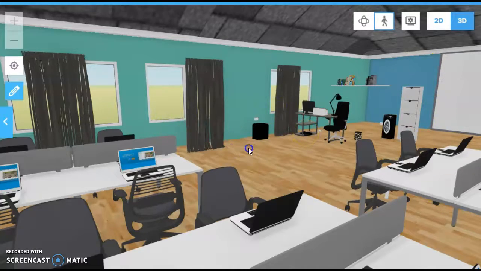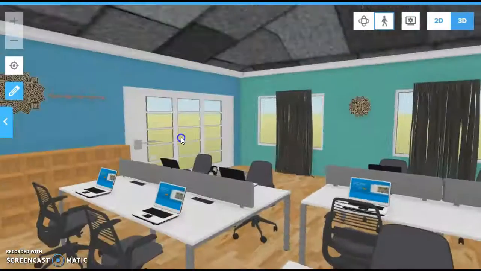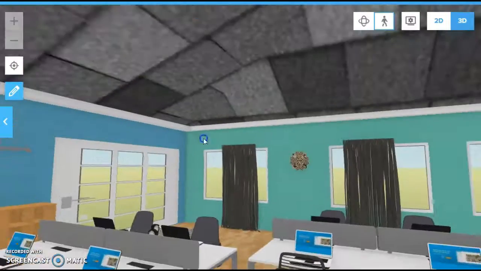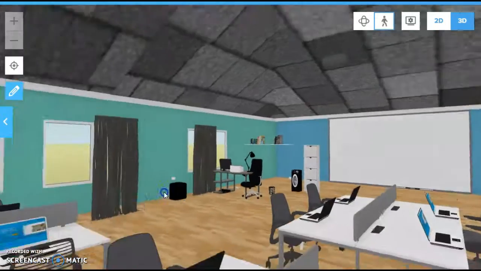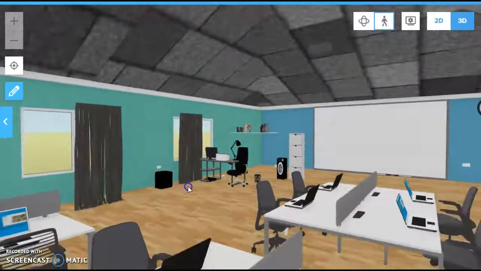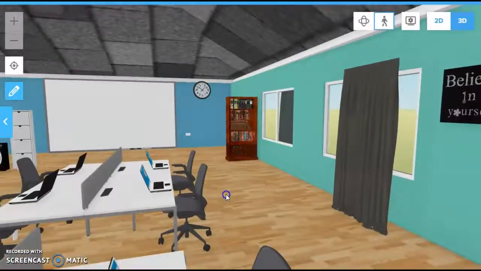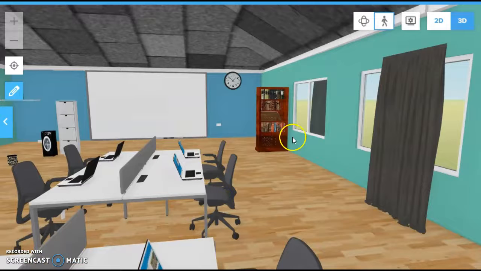And also we have some air conditioning, two air conditioners, so that it is not going to be hot in this classroom. And basically this is the classroom.